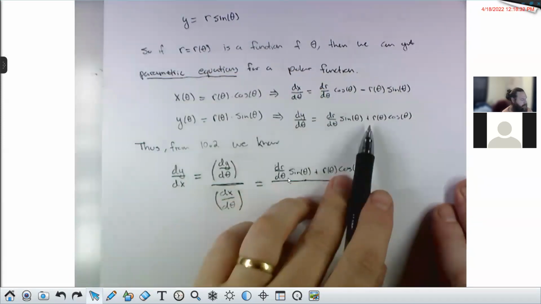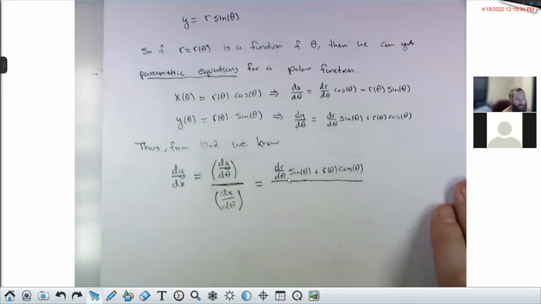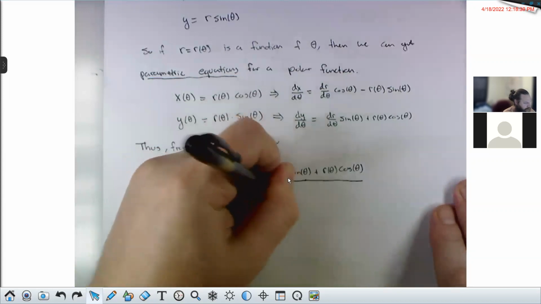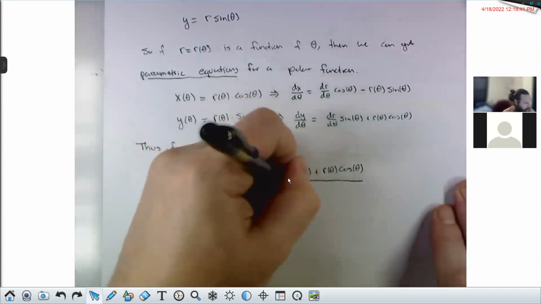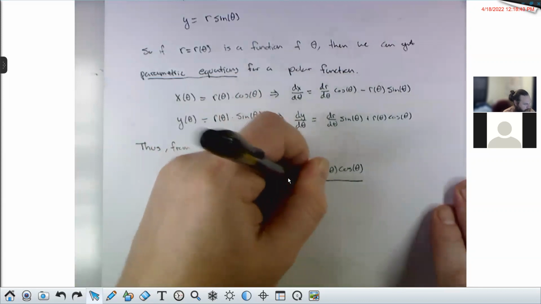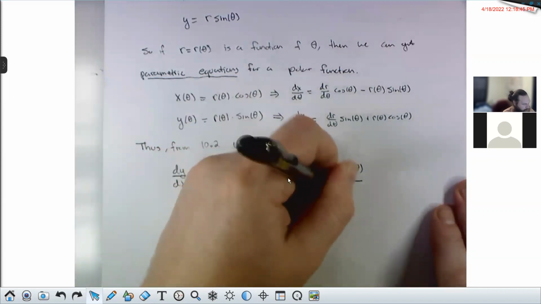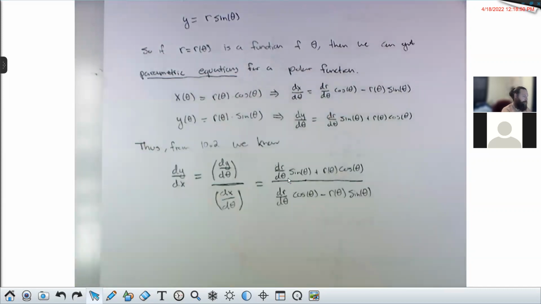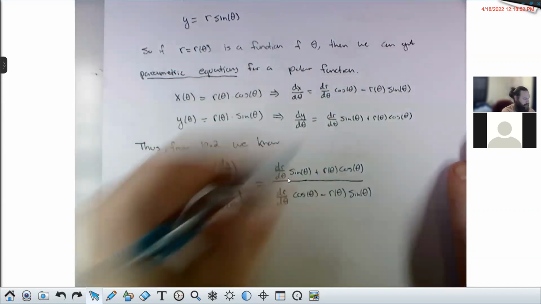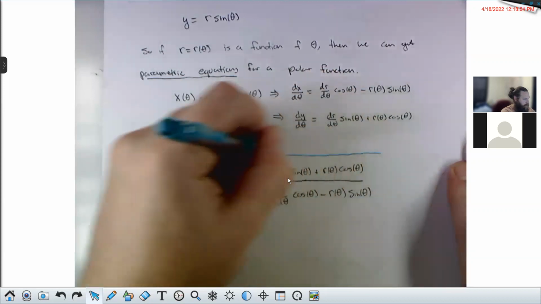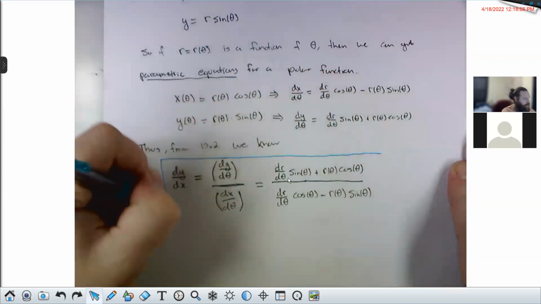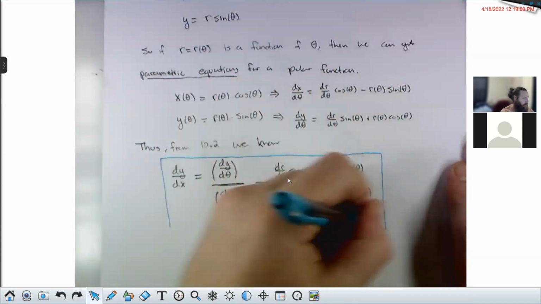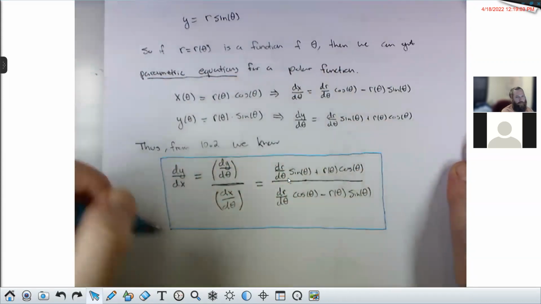And the bottom, dx d theta, is dr d theta times cos theta minus r of theta times sine theta. This is your recipe for dy dx, or the slope of the tangent line, in polar coordinates.